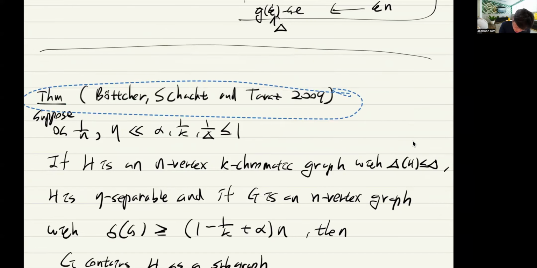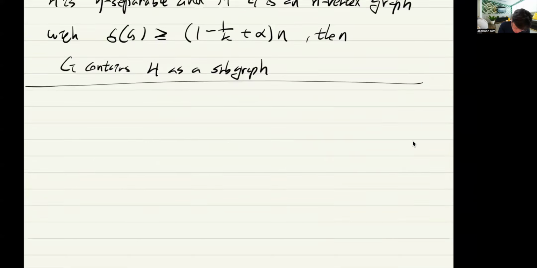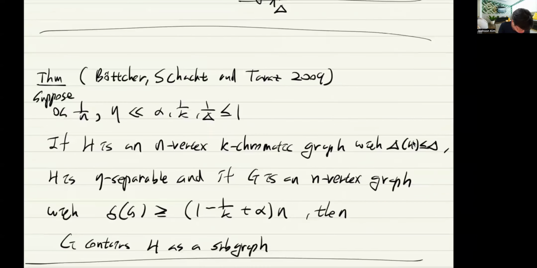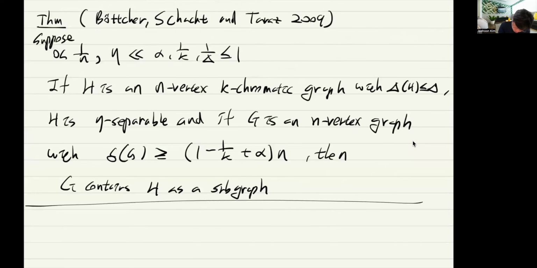This pretty much includes the theorems previously introduced, like the Dirac theorem, up to some error term. So this shows that if you have an H which has bounded maximum degree and low connectivity, then its chromatic number pretty much indicates the minimum degree threshold for having it.